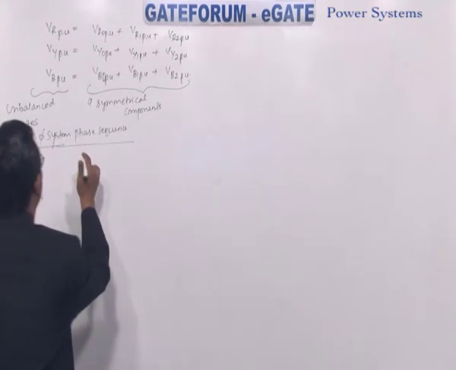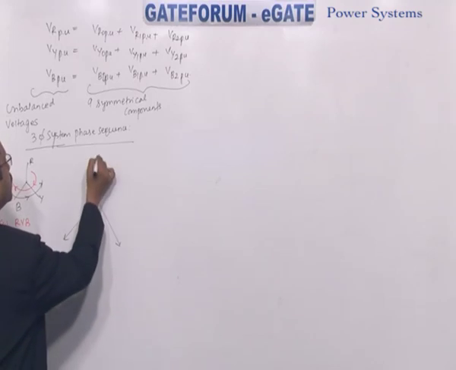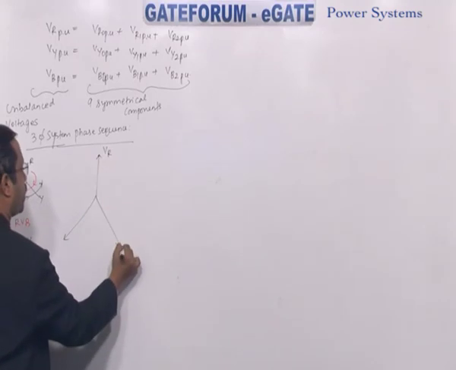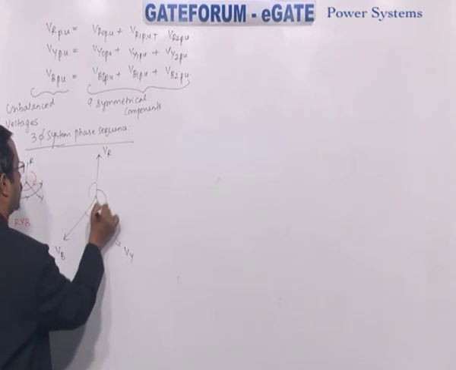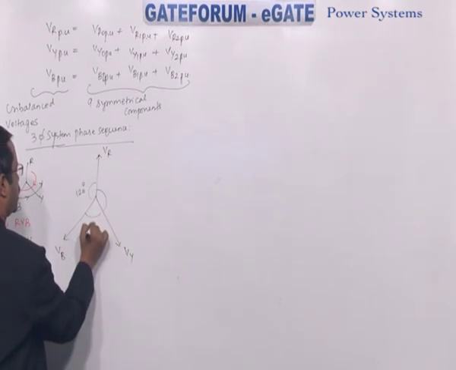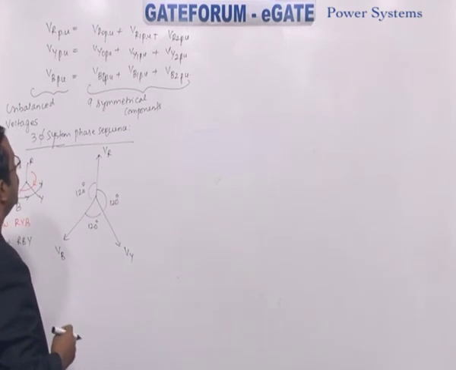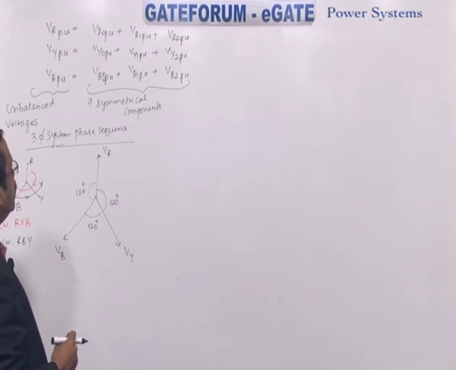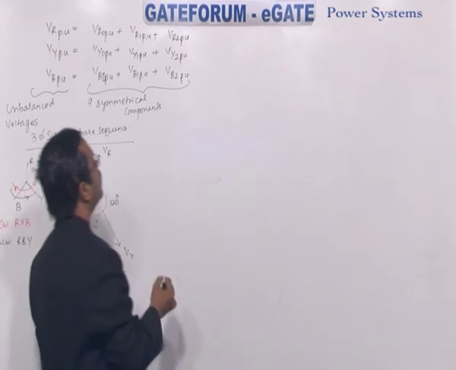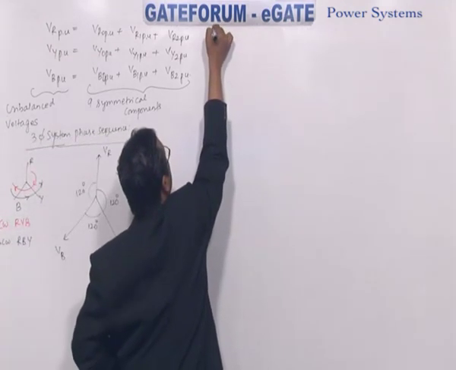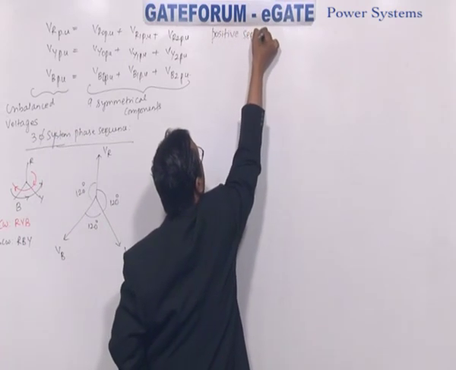So you represent the three-phase sequence here. So VR, Vy, Vb. Here it is 120 degrees. And now we represent firstly the positive sequence network.